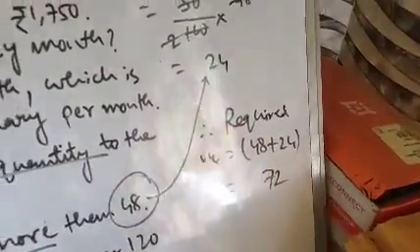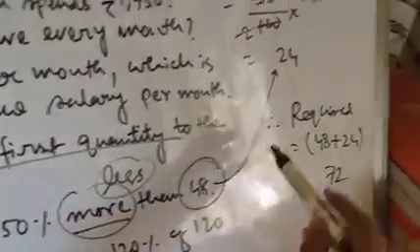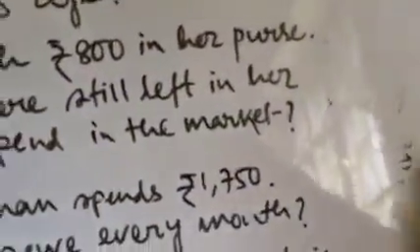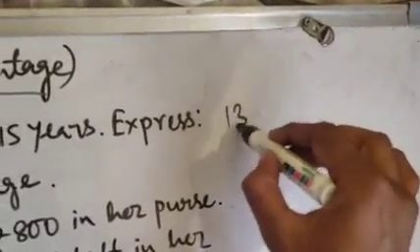Answer is 72. Clear? If the question says less, then we will subtract 24 from 48, right? So that's how this sum will be done. 50% more than 48 will be 48 plus 24. Answer will be 72.